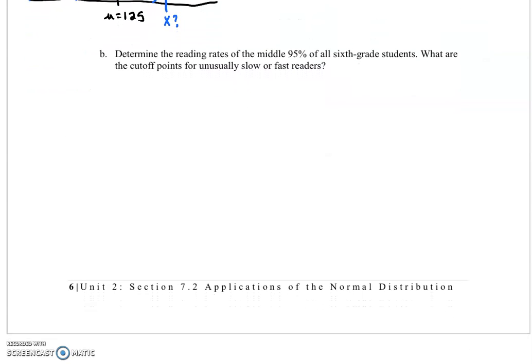Okay, the last one, determine the reading rates of the middle 95% of all 6th grade students. So this is find x values again.